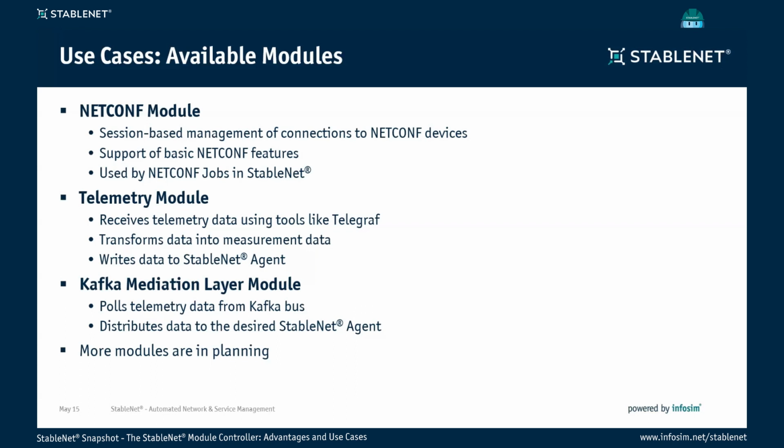As I mentioned the scalability, there comes the Kafka mediation module layer, a Kafka module that allows subscribing to a Kafka broker, pulls data from a Kafka bus, pre-processes the data and forwards it to specific agents. So the data load can be split between different agents. And currently there are more modules in planning, but a little bit more on that later on.